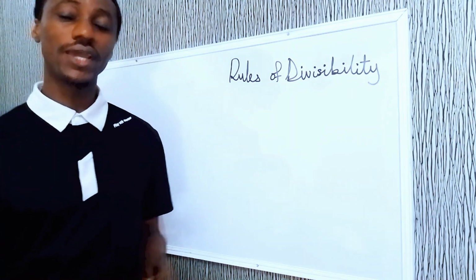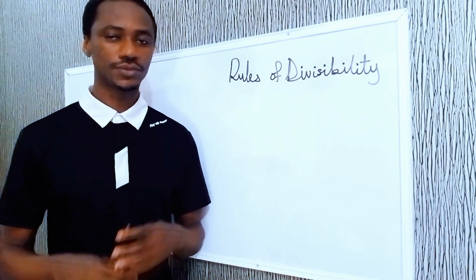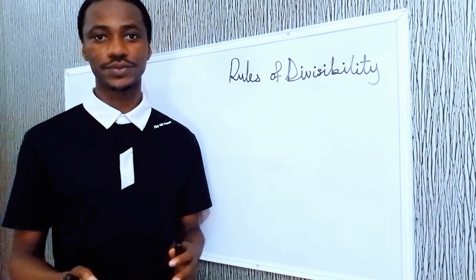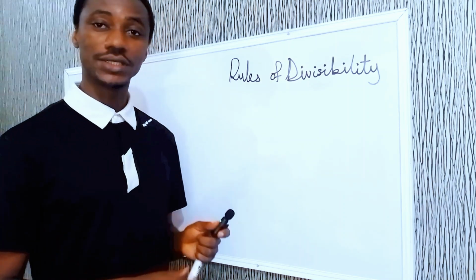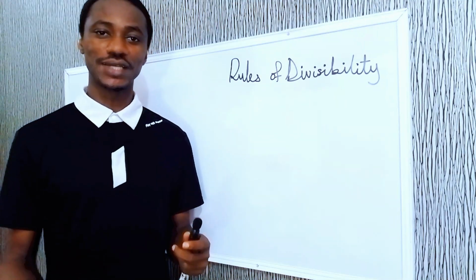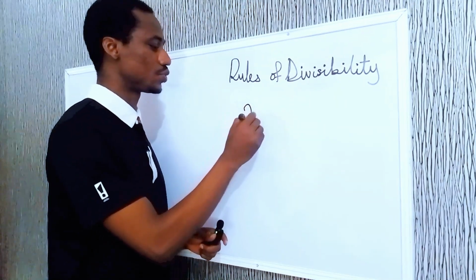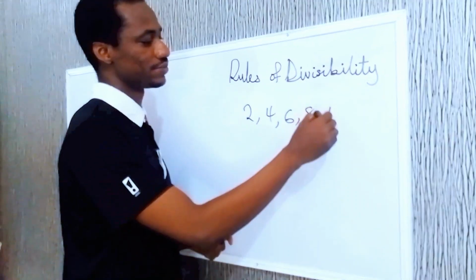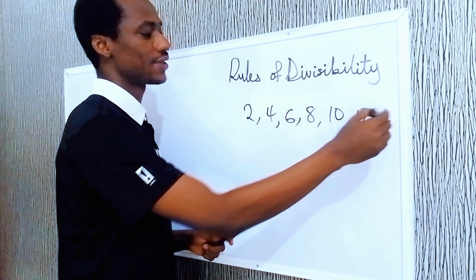So how do we know a number is divisible by 2? And that's very easy. Remember the definition of even numbers. Even numbers are numbers that are divisible by 2, all right? And those numbers are 2, 4, 6, 8, 10, 12, and so on.